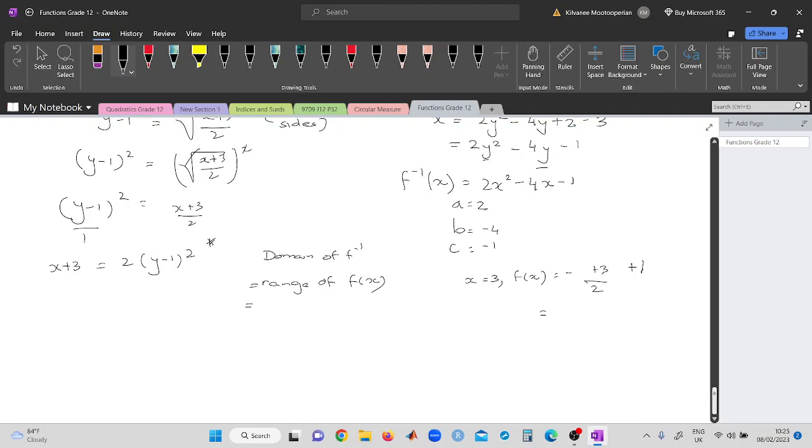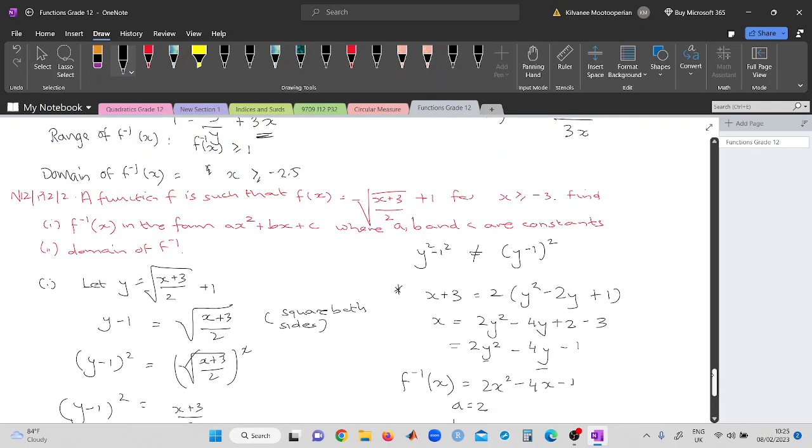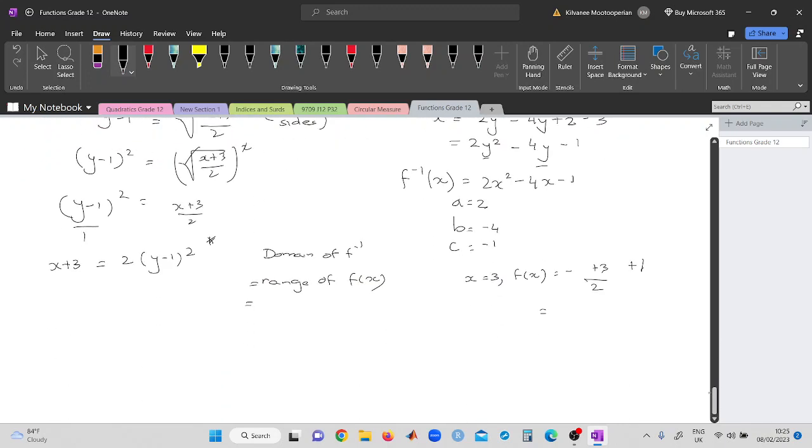Square root of minus 3 plus 3, so 0, plus 1. So f of x is 1. So when x is greater or equal to minus 3, f of x is greater or equal to 1. Therefore, what will be the range of f of x? It is greater or equal to 1.